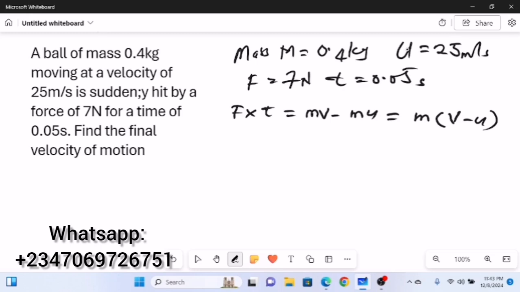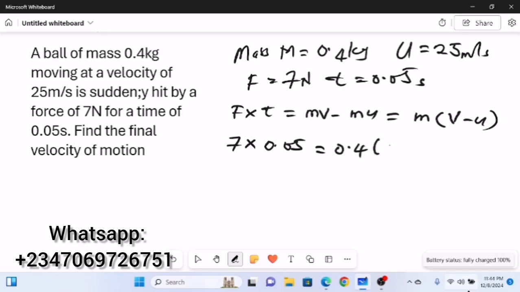Force was given as 7, and the time is 0.05 seconds, so 7 times 0.05 is equal to m, which was given as 0.4 kg, multiplied through by v minus u.